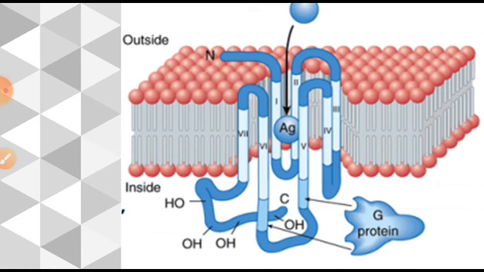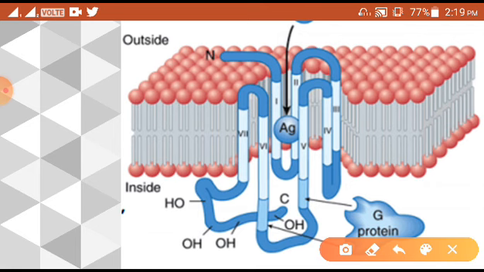These receptors have a very specific structure, with 7 alpha helical membrane spanning hydrophobic amino acid segments, right? Here in this protein structure, they have 1, 2, 3, 4, 5, 6, 7, like that.